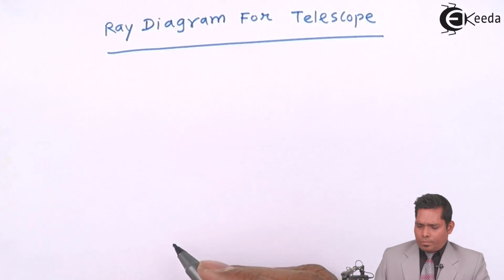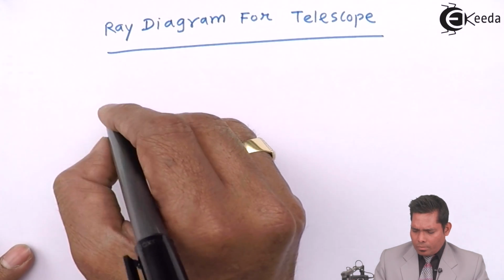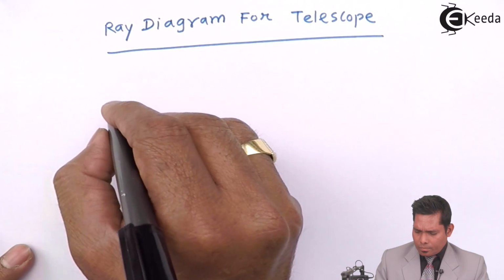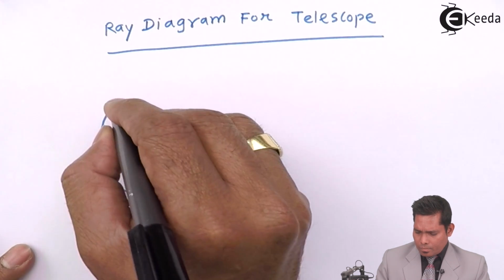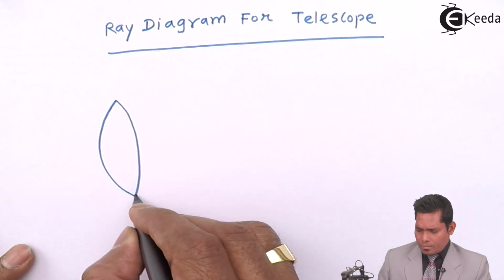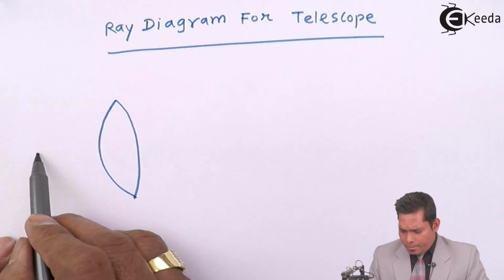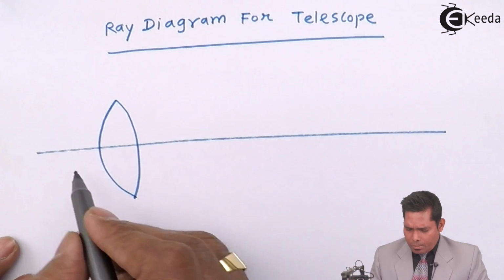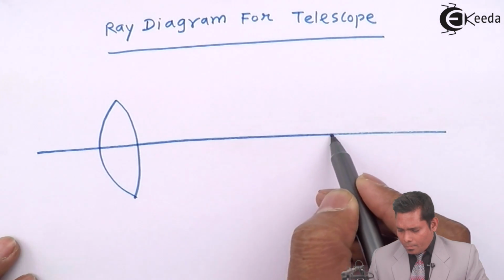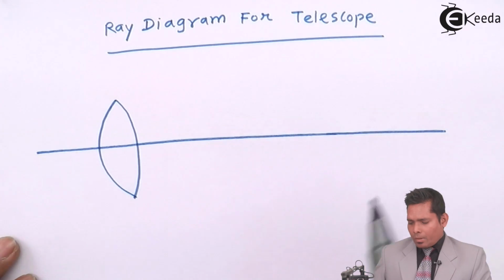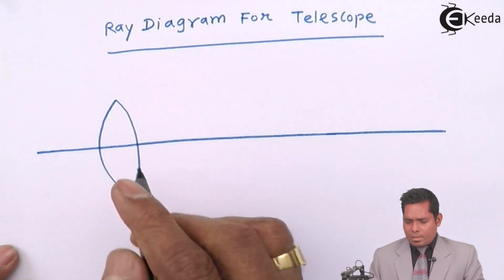So now I will take objective, this is the objective, this is a convex lens, and this one is the axis of this convex lens.